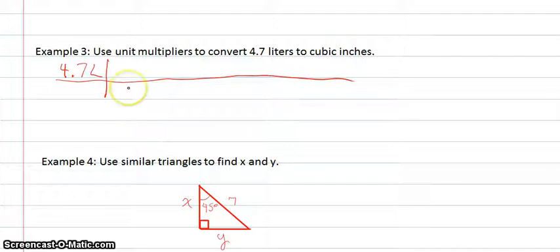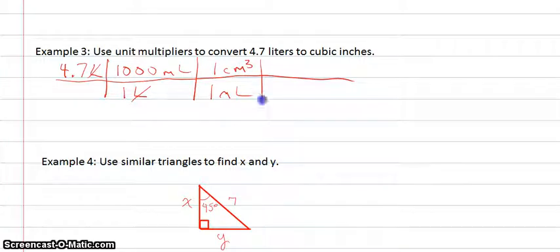And then I can go from the centimeters cubed to inches cubed. So we're going to use that milliliters. For 1 liter, there's 1,000 milliliters. So my liters will cancel. And then in 1 milliliter, that's 1 centimeter cubed.